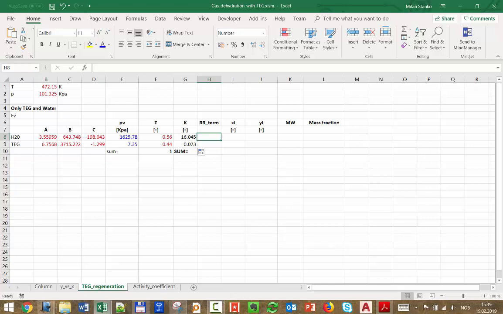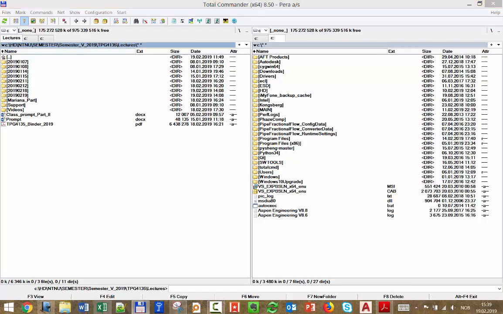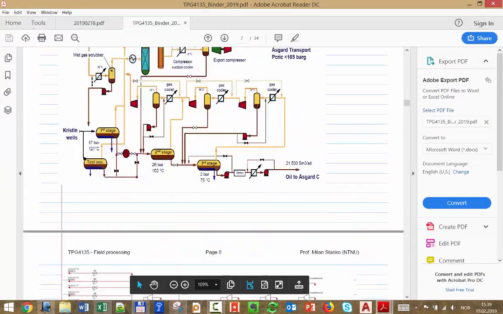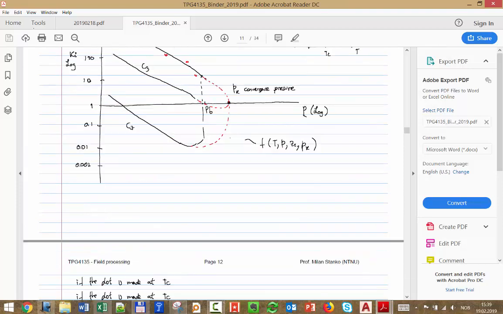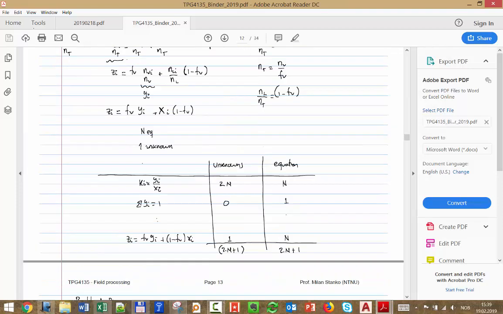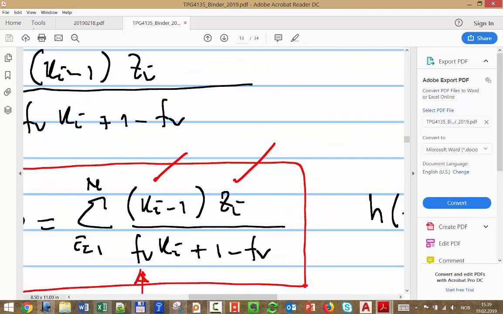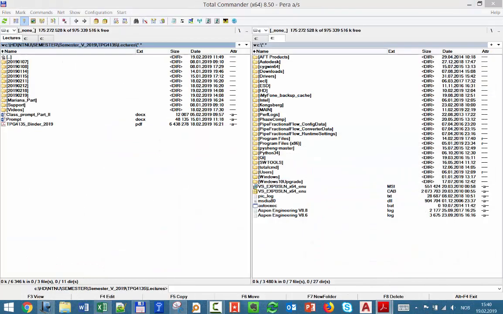Let's go back to our class, one of the first weeks, right? That's where we have seen it. You thought you were not going to see that anymore, but you are going to see it. Remember the Rachford-Rice function was this guy here. I give K, I give Z, and then I iterate with FB until it's equal to 0. So that's what we have to make.